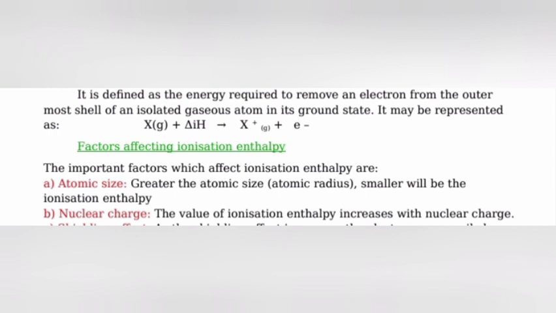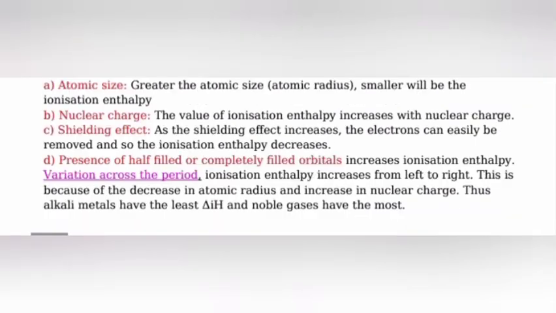B. Nuclear charge. The value of ionization enthalpy increases with nuclear charge. C. Shielding effect. As the shielding effect increases, the electrons can be removed more easily and so the ionization enthalpy decreases. D. Presence of half-filled or completely filled orbitals increases ionization enthalpy.